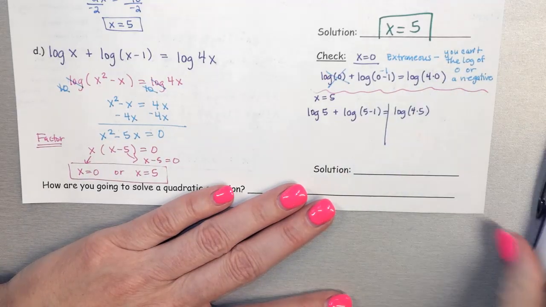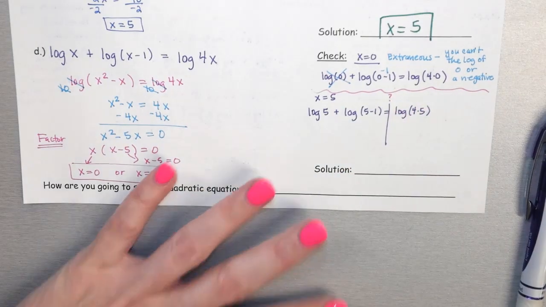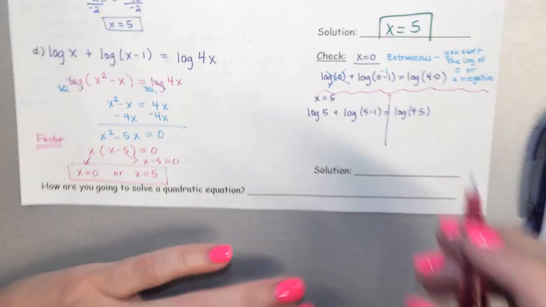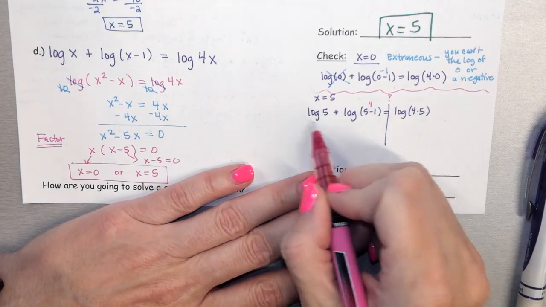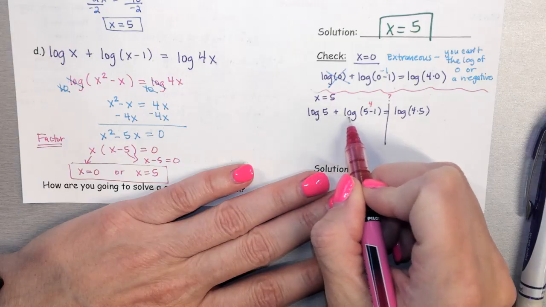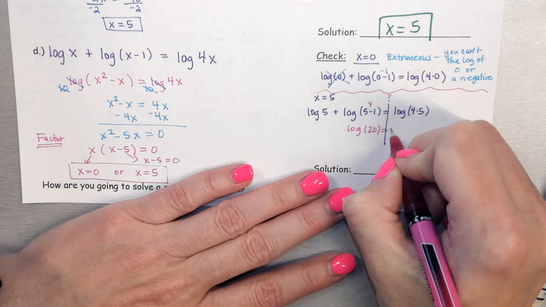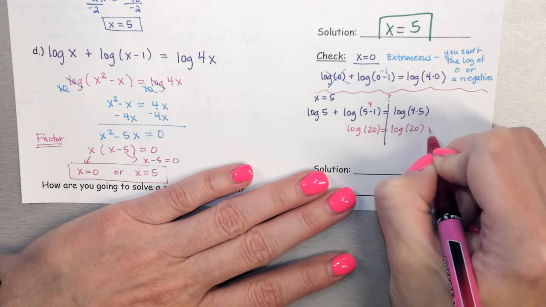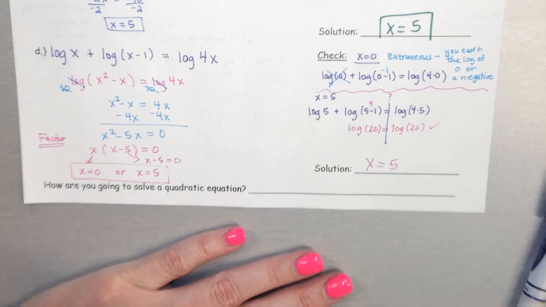I always draw this line down here to remind myself that I can't use properties of equality. What I can do is use the laws of logarithms. So if I have the log of 5 plus the log of 4, that is the log of 20. If I multiply these, this is the log of 20. Okay, so my solution is x equals 5.